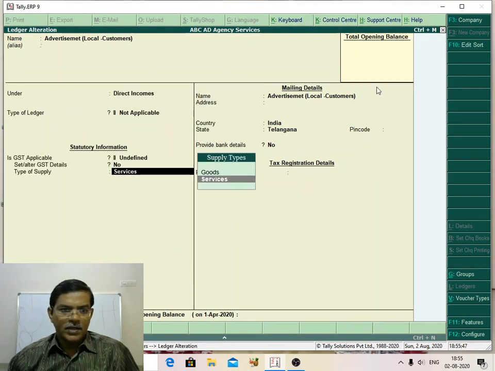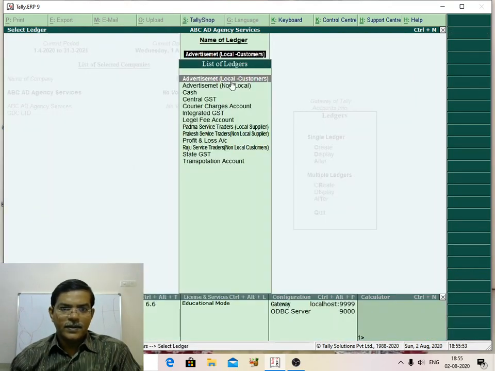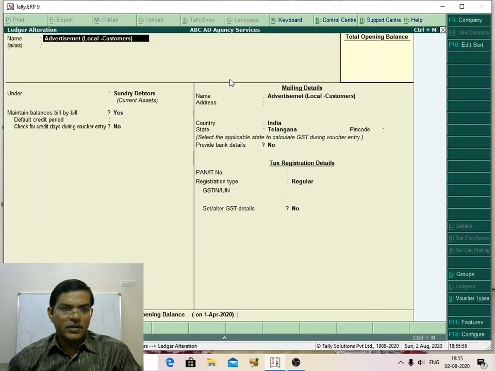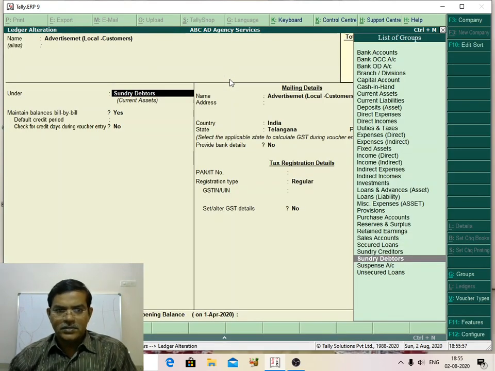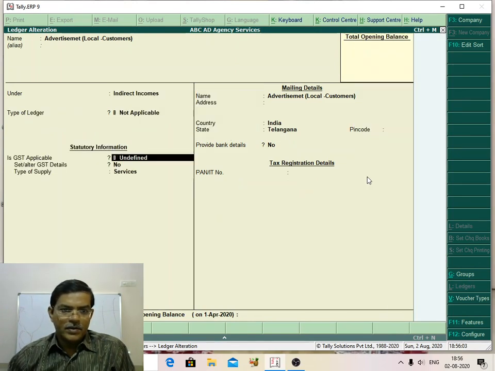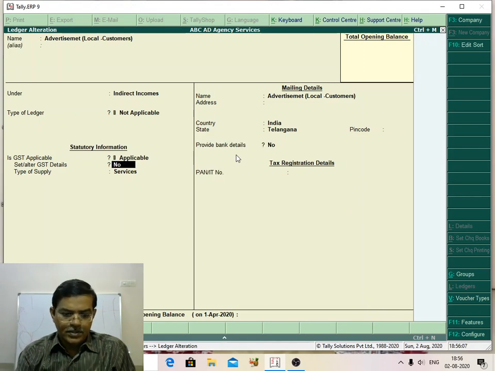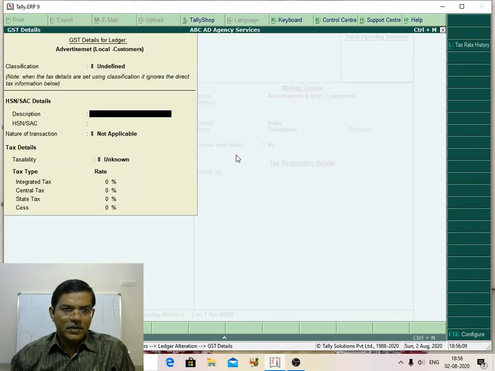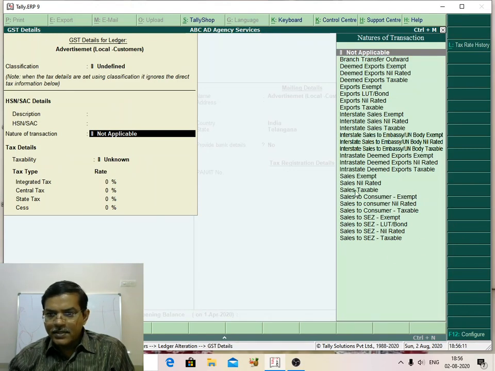Okay, direct income, GST is applicable. Yes, and it is sales taxable.